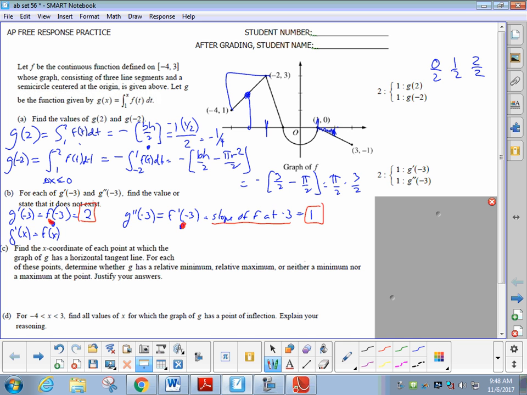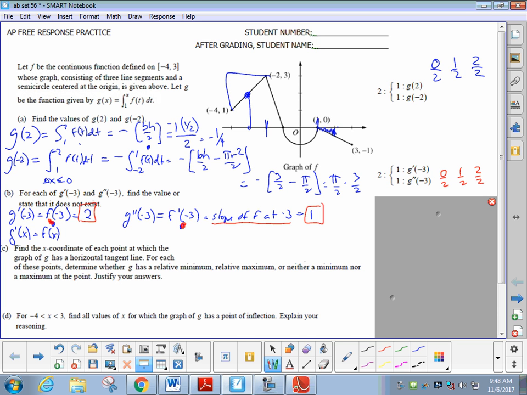So give yourself either 0 out of 2, 1 out of 2, or 2 out of 2 there. They would probably turn on for a full segment. Okay? So take off a point at some point.